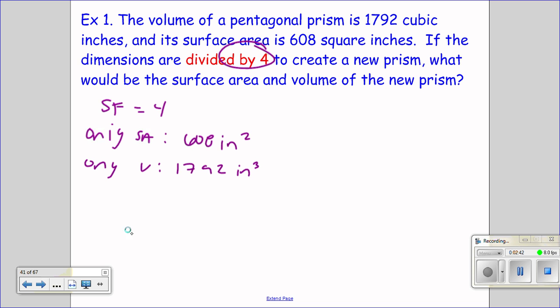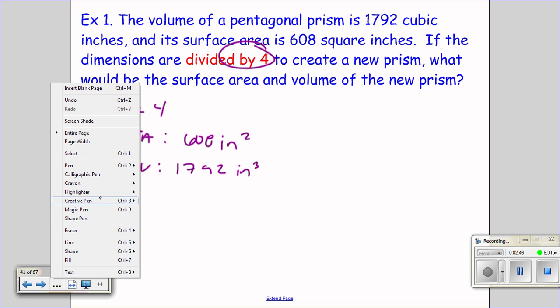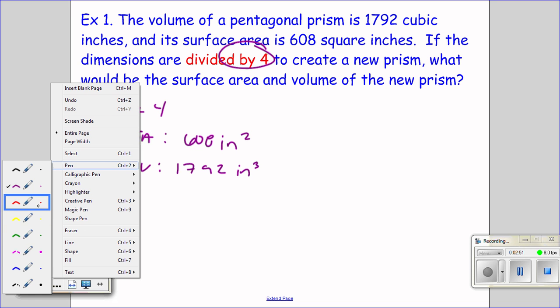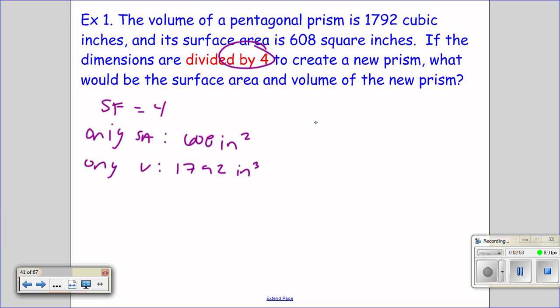So if I want to know what the new area would be, I take the scale factor to the power of 2, because area is always to the power of 2, and that gives me 16.